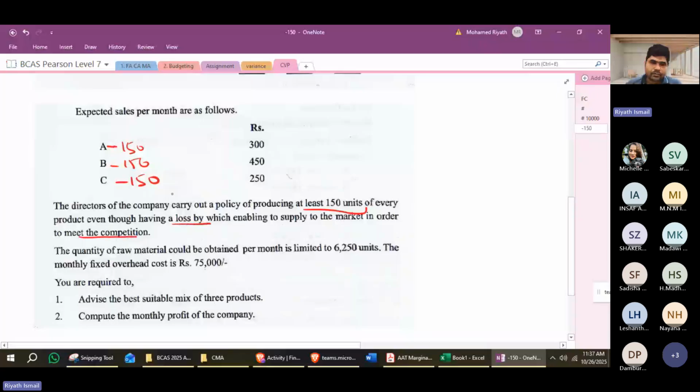The quantity of raw material that could be obtained per month is 6,250. The monthly fixed overhead is 75,000. The question is: advise the best suitable mix of these 3 products.